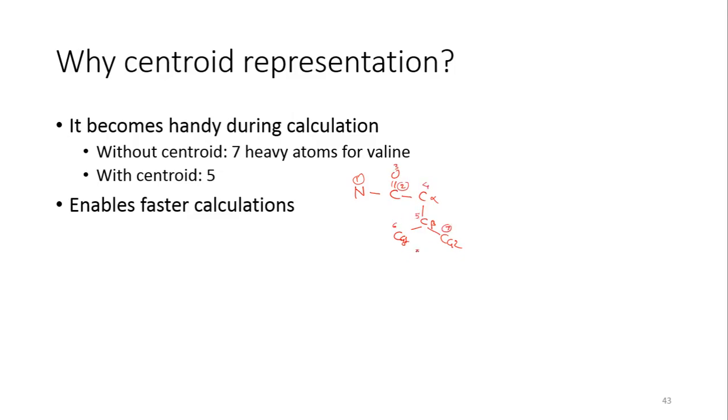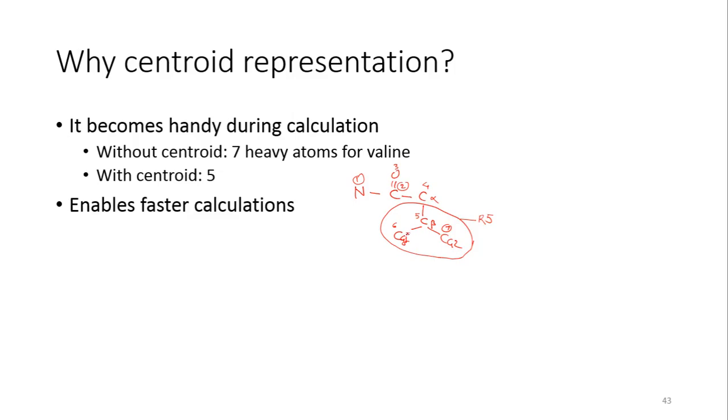So if we decide to use valine in calculation without centroid representation, we will have to deal with 7 atoms. And if we use this centroid representation and consider your entire side chain as a single entity R, then we would have to deal with only 1, 2, 3, 4 and 5 entities.